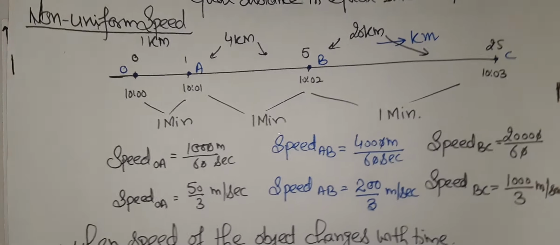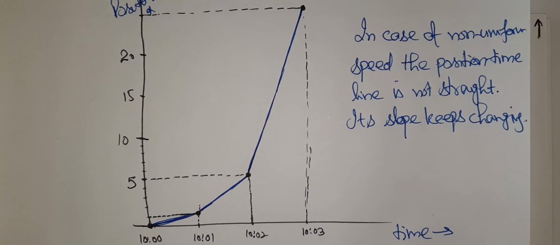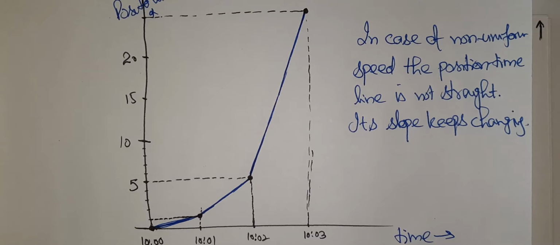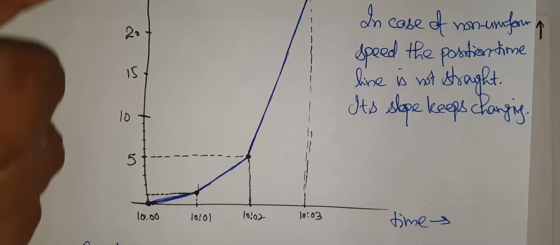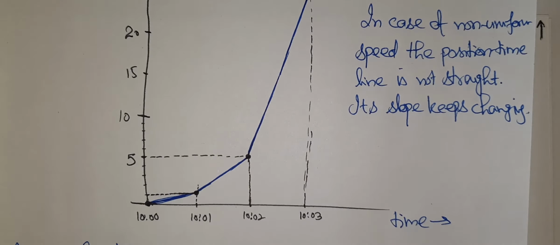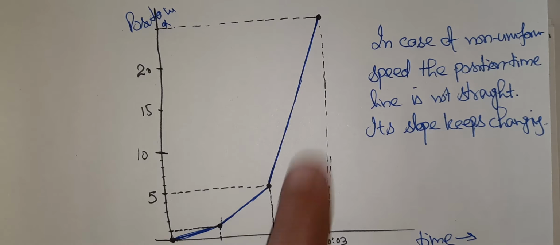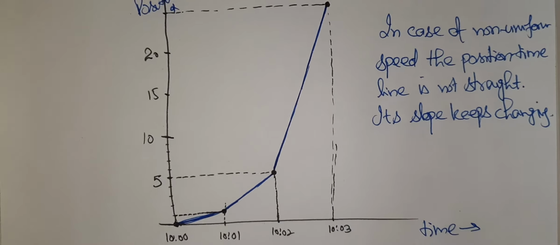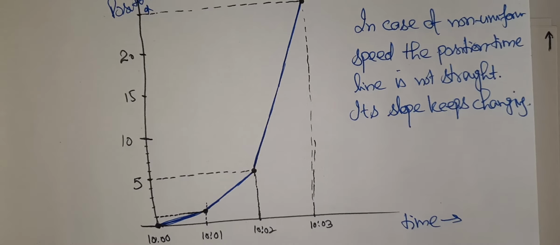Then we plotted the position-time graph for the case of non-uniform speed, and we observed that the position-time line, this is your time axis, this is your position axis, is not a straight line inclined to the time axis in case of non-uniform motion.